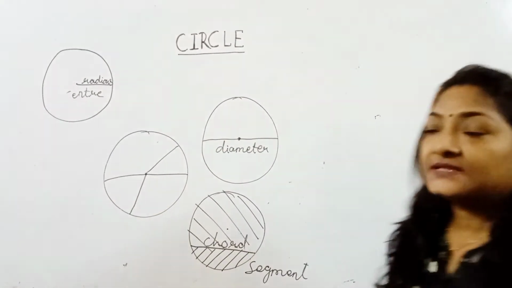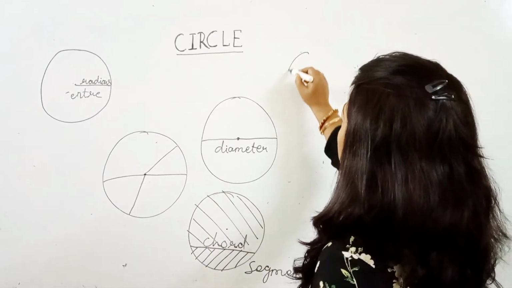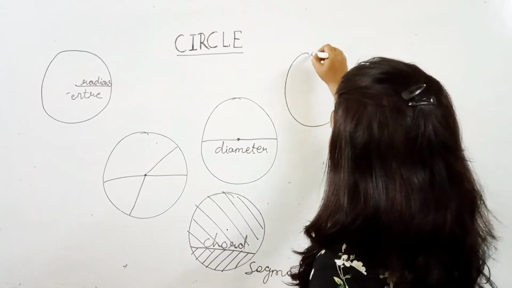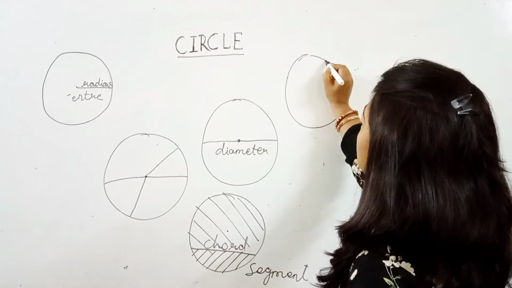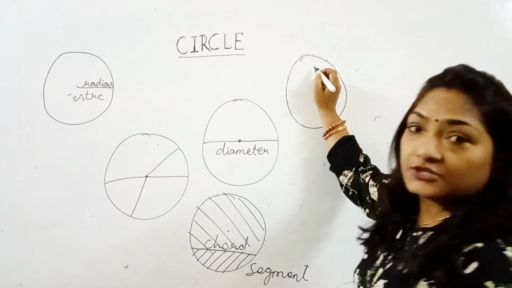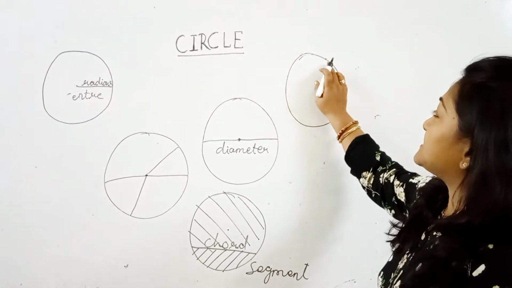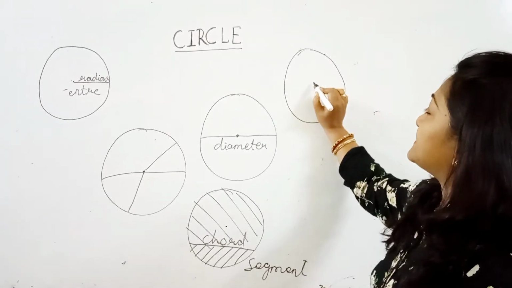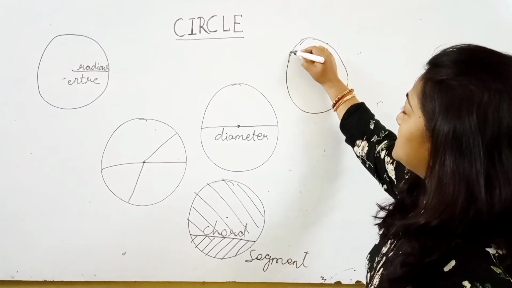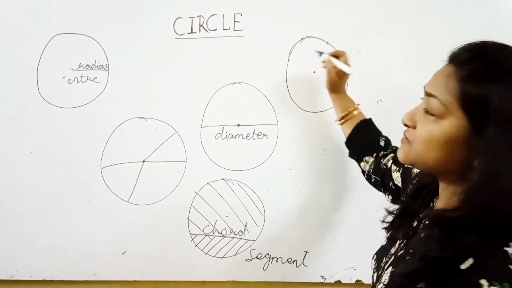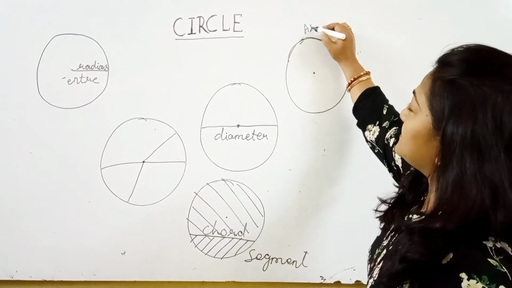Next I explain something. Suppose this is a circle. If I consider two points on the boundary of the circle, and this is the center, this part is known as your arc.